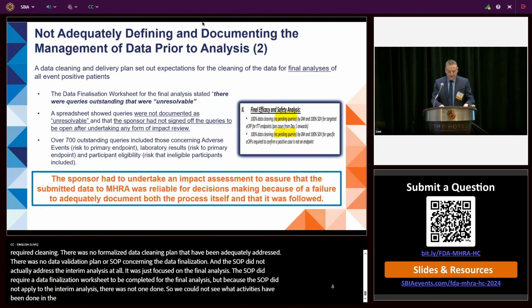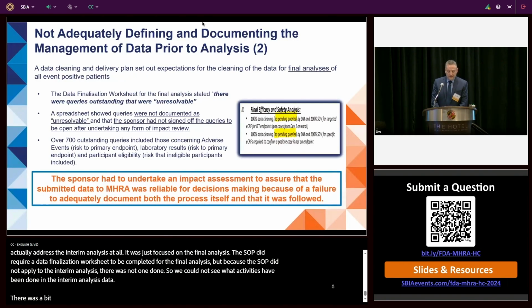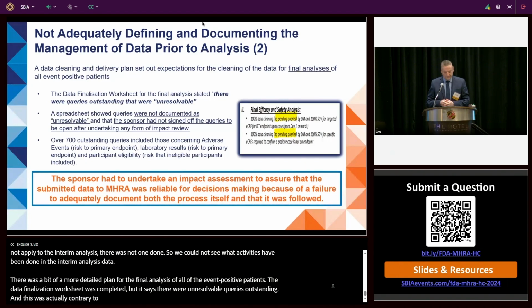There was a bit of a more detailed plan for the final analysis of all the event-positive patients, and the data finalization worksheet was completed, but it said there were unresolvable queries outstanding, and this was actually contrary to the plan, which said there would be no pending queries, so it appeared they hadn't actually followed the plan that they'd written down.